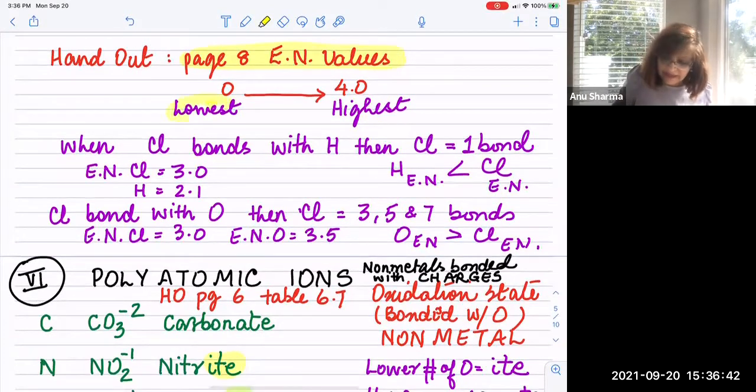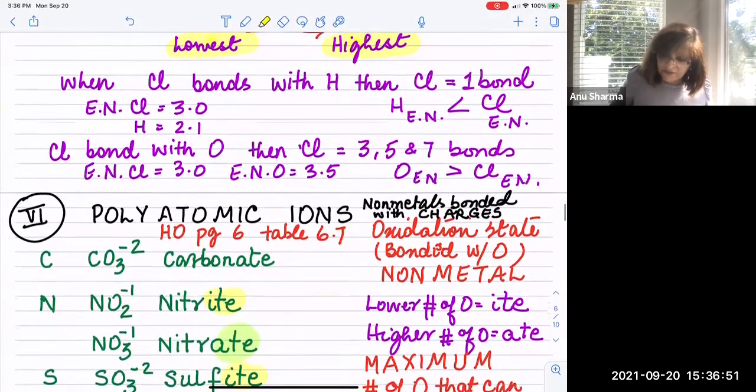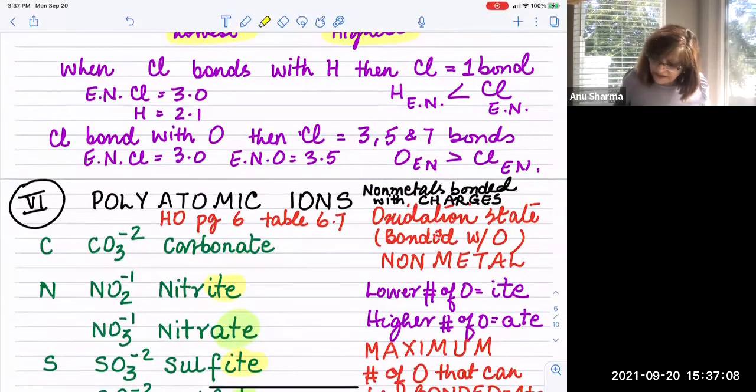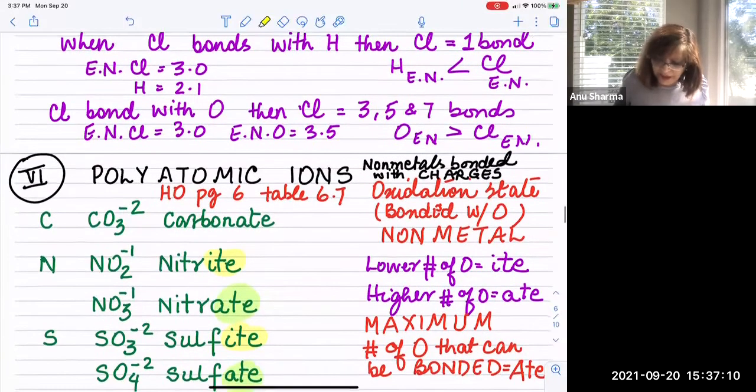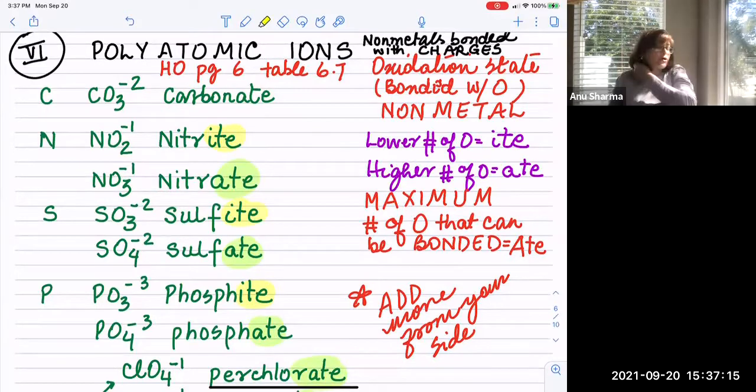So just keep in mind that these electronegativity values have been verified and tested, and we have obtained them going from 0 to 4. The elements that are metals usually have much less than 2, like 0.4, 0.3, 0.5, 1, something like that. But the non-metals will all have electronegativity closer to 4. Okay, so then we are going to study the bonding, whether it's a polar bond or non-polar bond.